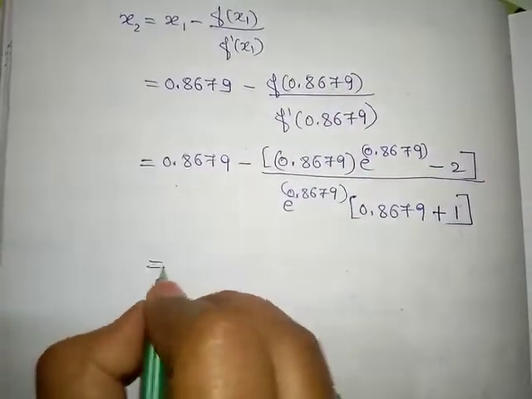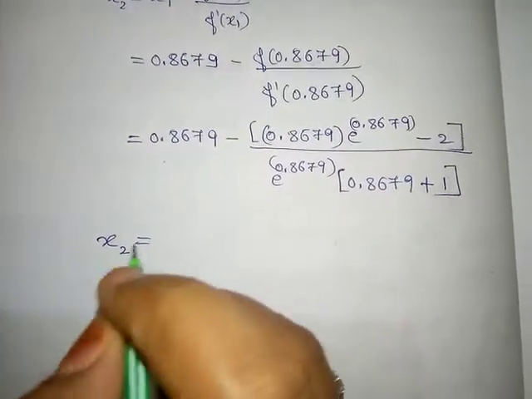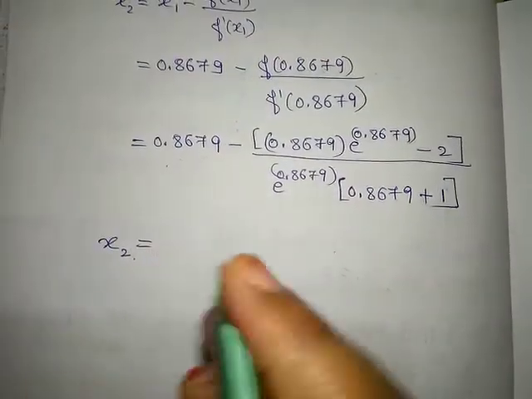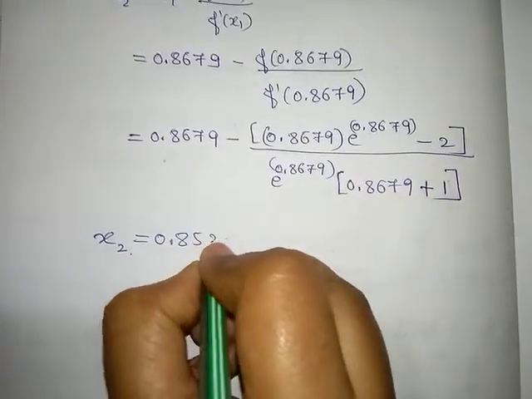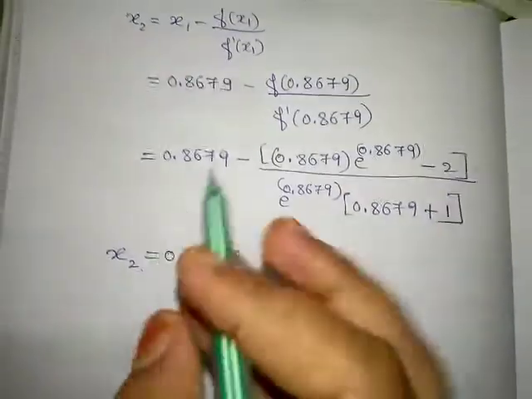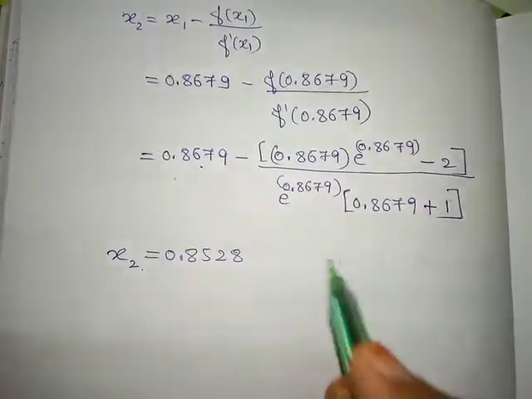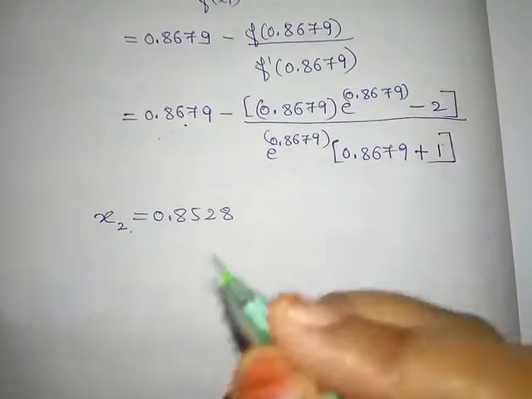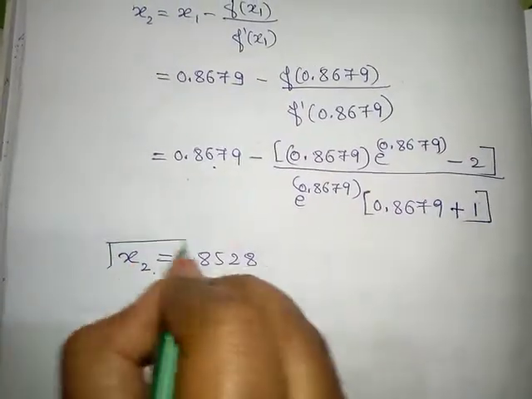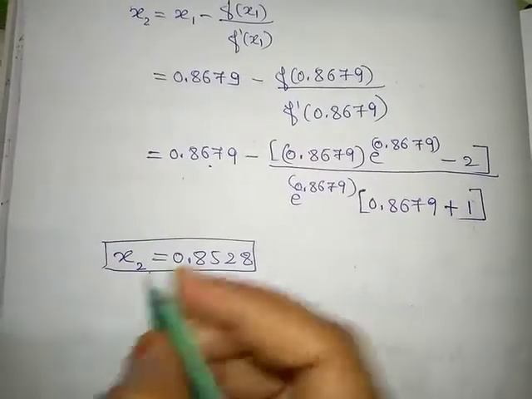After the calculation, the value of x2 is equal to 0.8528. See, our x1 and x2 are not the same up to 3 decimal places, so we have to go for the third approximation.